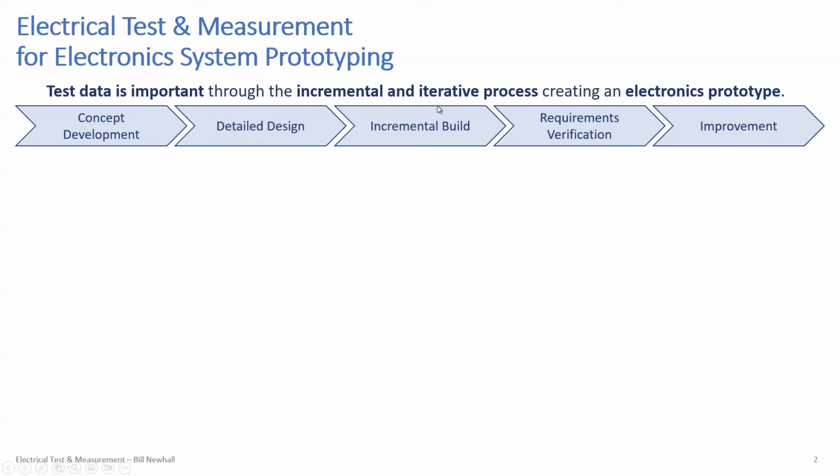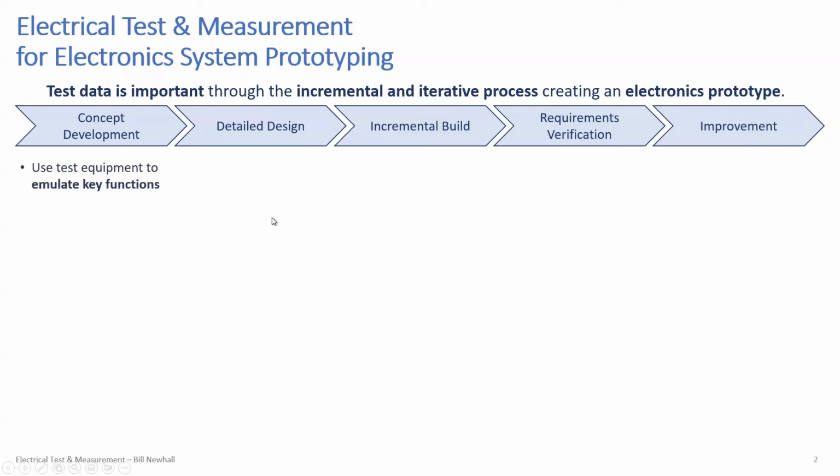So there's detailed design, then there's typically incremental build for an early prototype. And then once you get enough of the system together, you can start requirements verification. And then once you have your prototype and it works in a certain way, you might say, okay, how do we improve this product or this circuit? And then you might revise your detailed design and start all over again in a spiral.